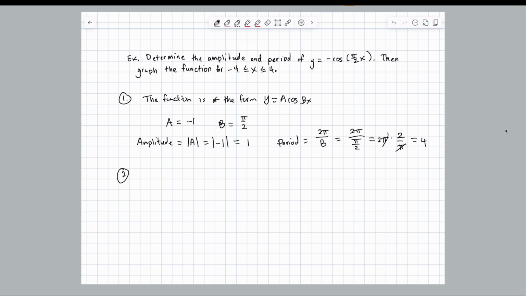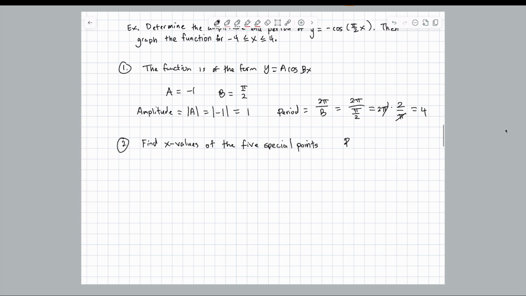All right, step 2 is to find the x values of the x coordinates of the five special points. In order to do that, we have to take our period and divide it by 4.